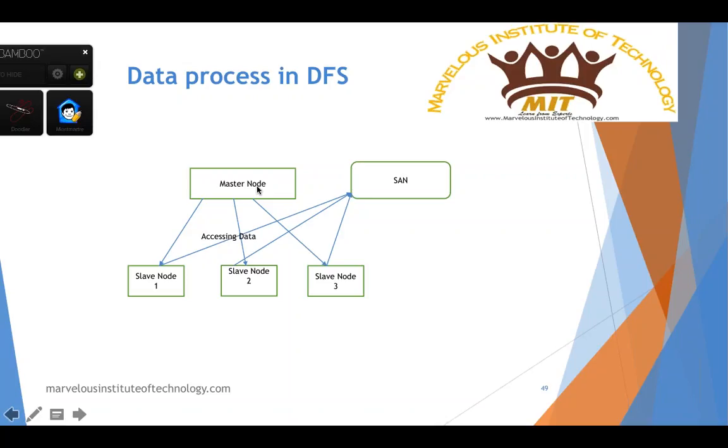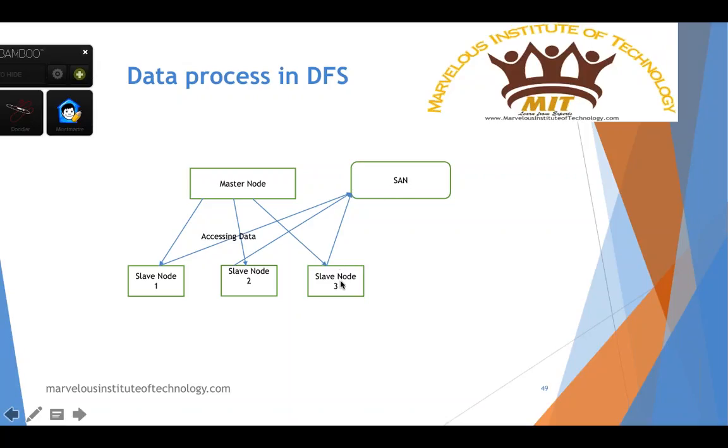When I want to process data, you have a storage network area machine. It's like a client. It has to get the data. It has to talk to all the nodes where the data is available. It will take the data and process it on a single machine. There is no parallel processing. This is the way the data gets processed in a network file system.